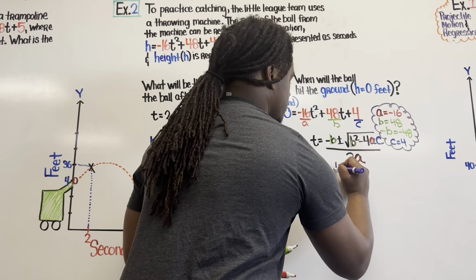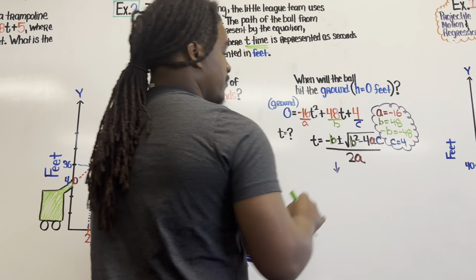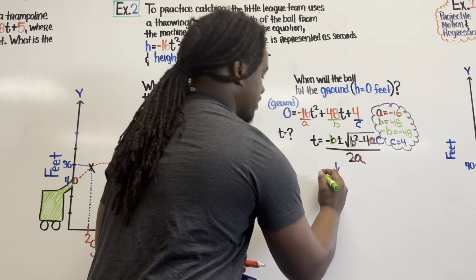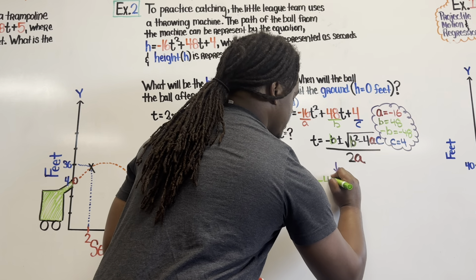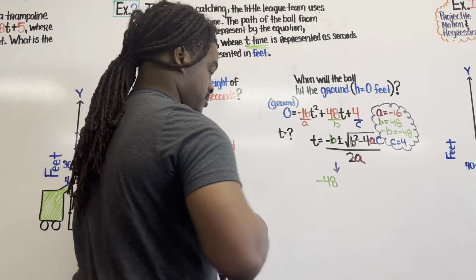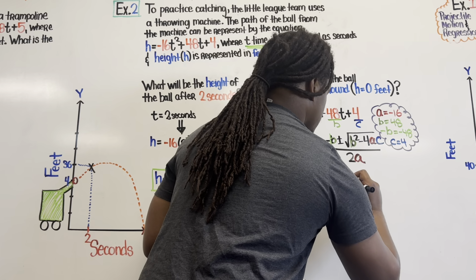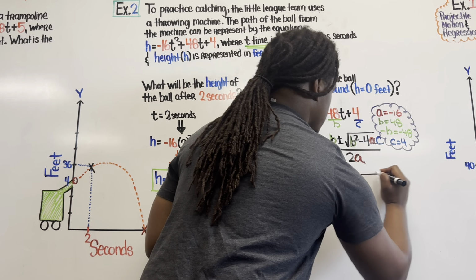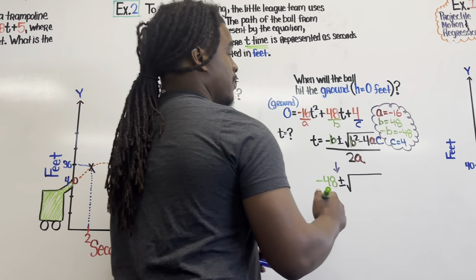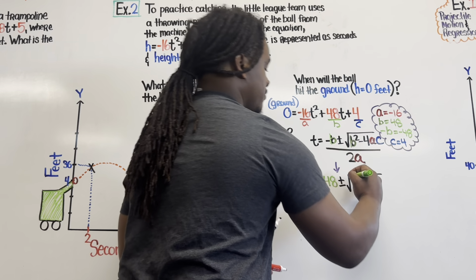So now let's go ahead and start. And I'm just going to go part by part. Remember, negative b is negative 48. So I'm going to have negative 48 plus or minus the square root of b squared, positive b squared.